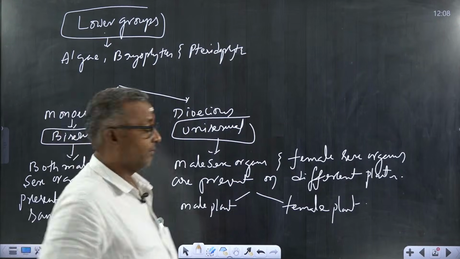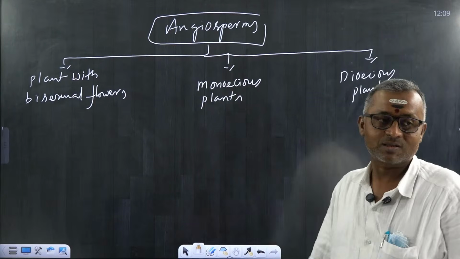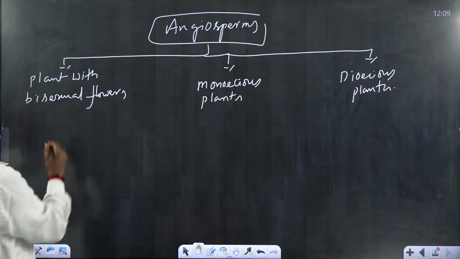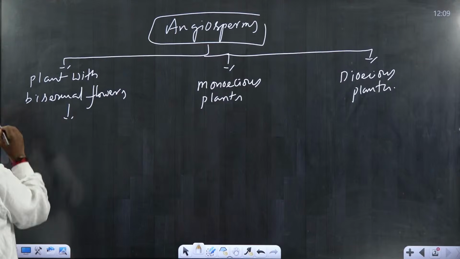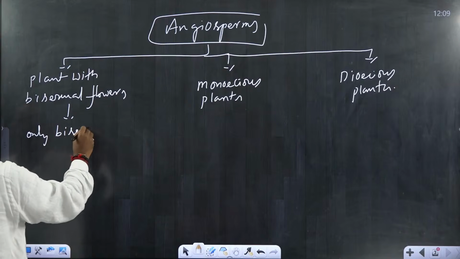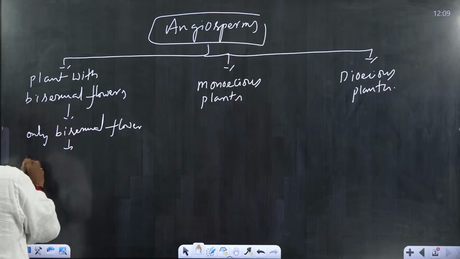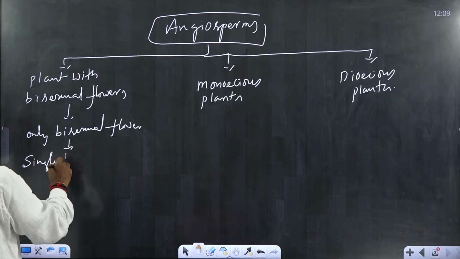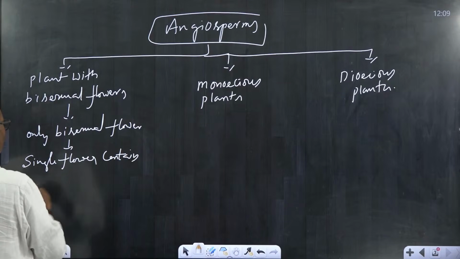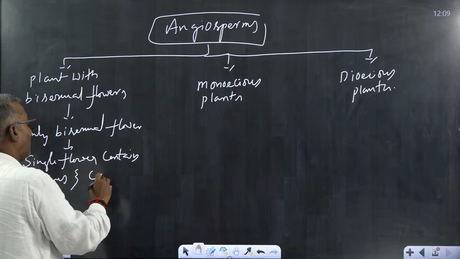But when it comes to angiosperms, the definition is slightly different. Here, there is a plant with bisexual flowers. That means the plant contains only bisexual flowers, so a single flower contains stamens and carpels.